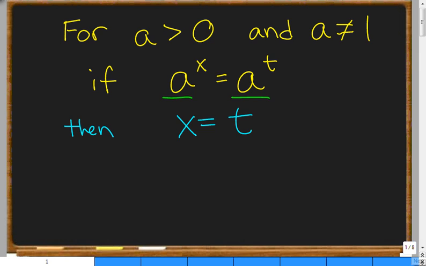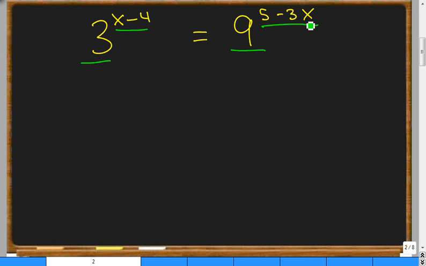So the example that I have on your sheet says, what if you have 3 to the x minus 4, and that equals 9 to the 5 minus 3x. Well, this is not the same base, so we can't make a direct relation between x minus 4 and 5 minus 3x.